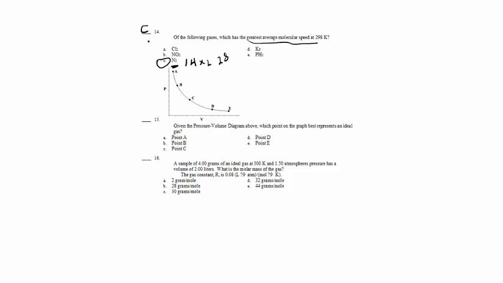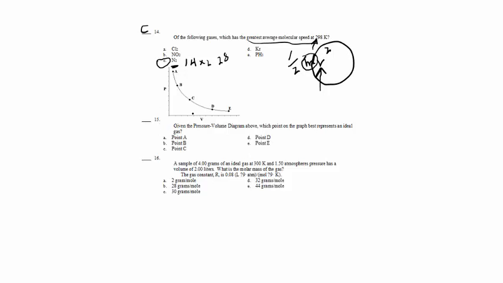So the answer must be C. The reason for that is, of course, 1/2 mv squared represents the particles. So if the mass here is the smallest, to have the same kinetic energy at a specific temperature, the velocity must be the greatest, which is the reason why this is happening.